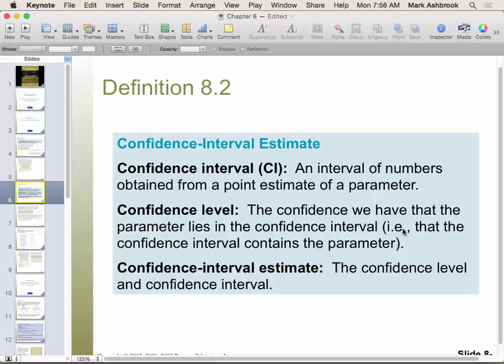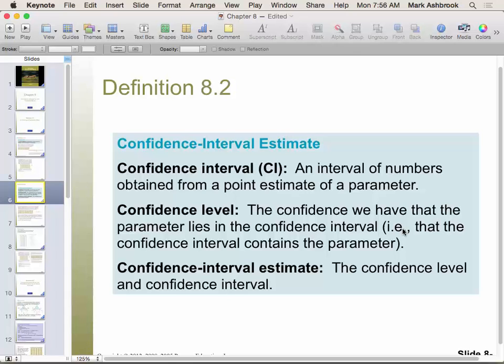Okay? So if we just have one sample, which is very common, you're just going to get one sample and you want to make an inference about the population, that sample mean will not be the population mean, but it'll be our best guess, because it's what we've got. So what we do is we make what's called a confidence interval.